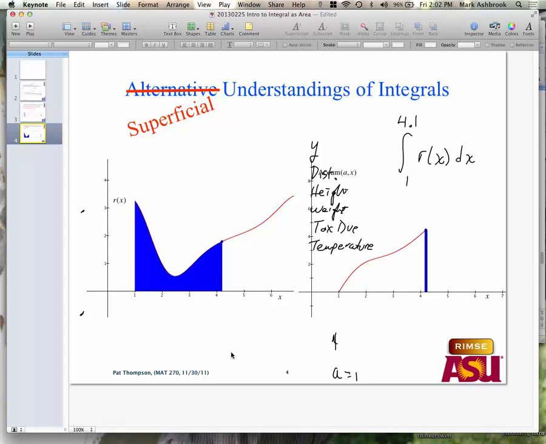So I want to go back to that. Let's talk about what if the rate of change was negative. I'll make a new one down here.